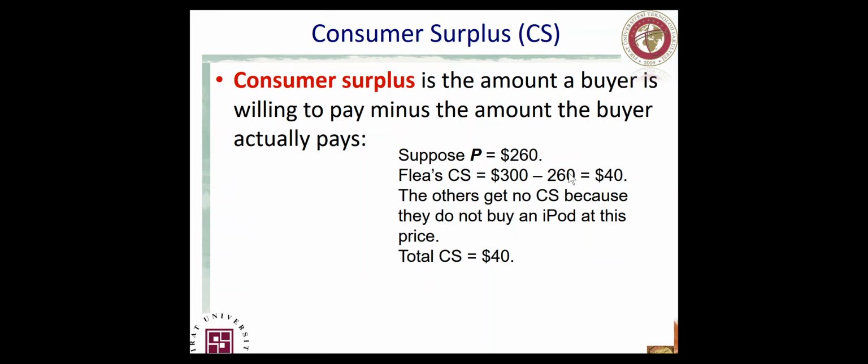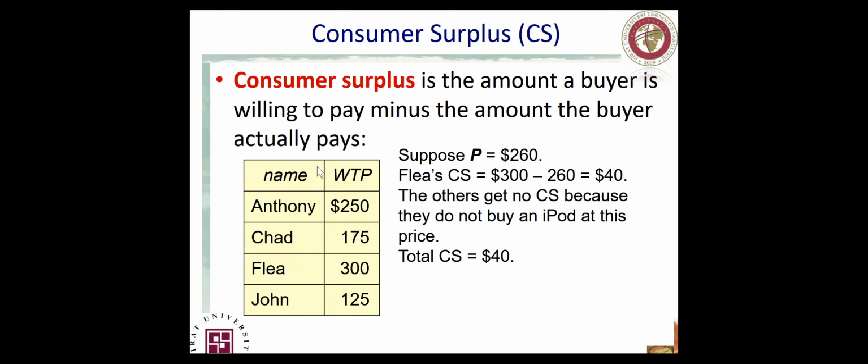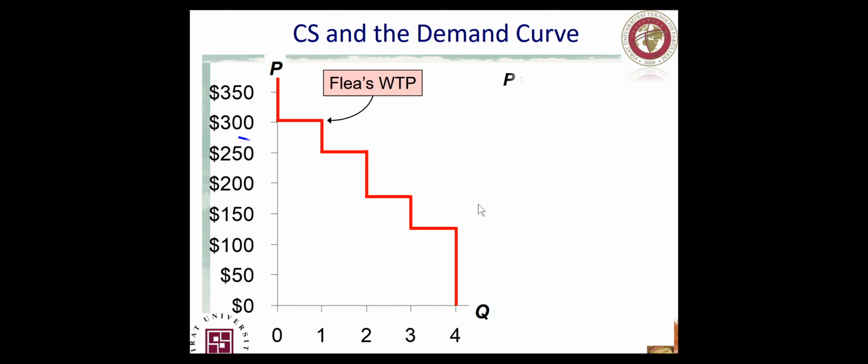They will not be able to pay for the item since their willingness to pay is less than the actual price. In a competitive market, we sum up the consumer surplus for all buyers, and we get the whole consumer surplus from the market, not just for one person.